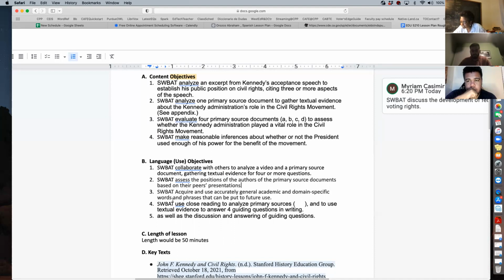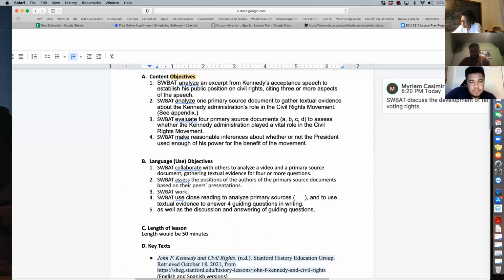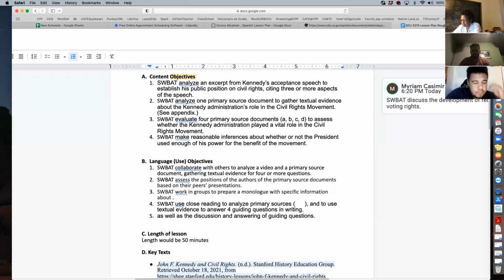Students will be able to present. See how this is too specific, too general? The students will be able to work in groups to prepare a monologue with specific information about Kennedy's position. Okay, this is all I have right now.